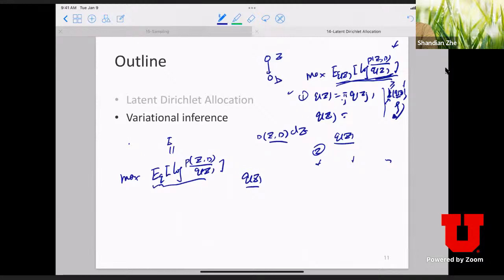If we denote this as ELBO, we want to calculate the gradient of the ELBO over the parameters which determine Q of Z. But in many cases, if you make Q of Z complex, like what if I parameterize Q of Z to be a Gaussian distribution, but the mean and also the covariance are both parameterized by complicated models like a neural network, how do I calculate such an expectation under this Q, not to mention computing the gradient?